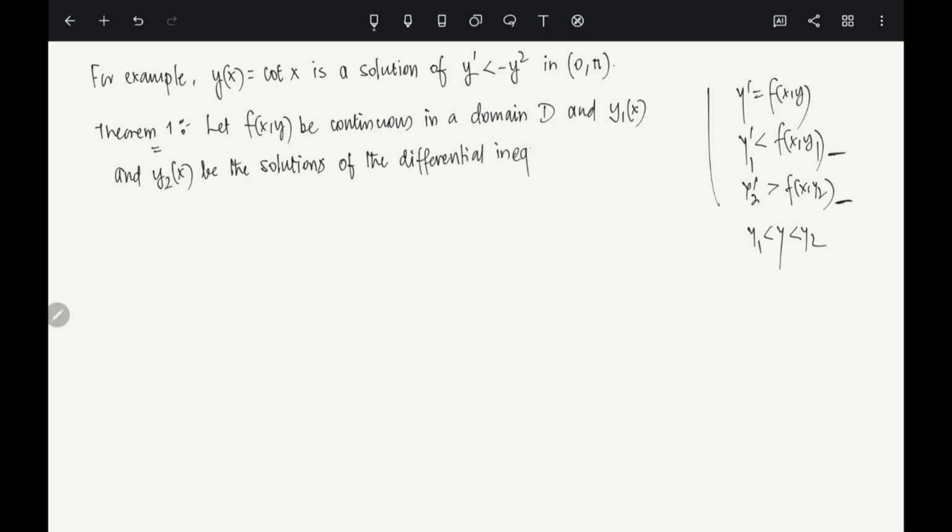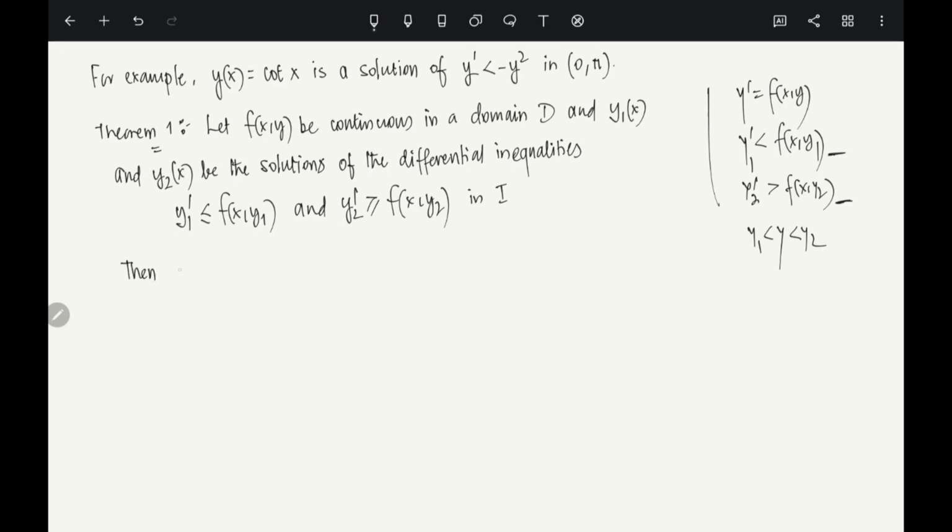So these are called differential inequalities, right? y1 prime is less than or equal to f of x, y1, and y2 prime is greater than or equal to f of x, y2, in whatever the interval where y1 and y2 are defined, the common interval.